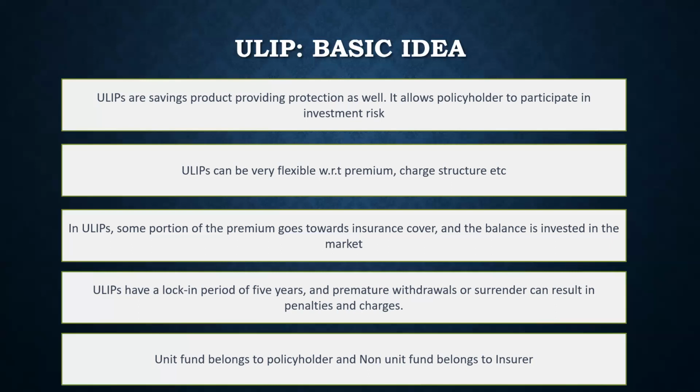That would be called the bid allocation spread, and 80 rupees would flow. Then the 80 rupees would be invested in different funds, and some other charges would be deducted, like fund management charge, policy administration charge, etc. For whatever service you are providing, those charges would be deducted from the unit fund, right? So the unit fund belongs to the policyholder, which is the point that I've mentioned here.